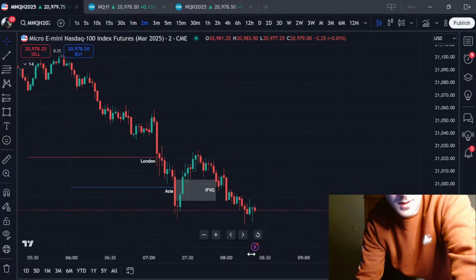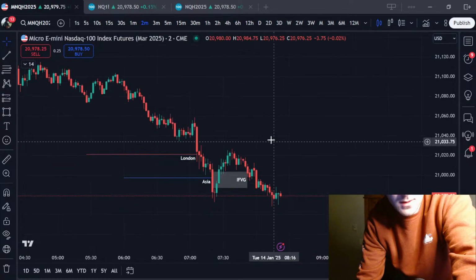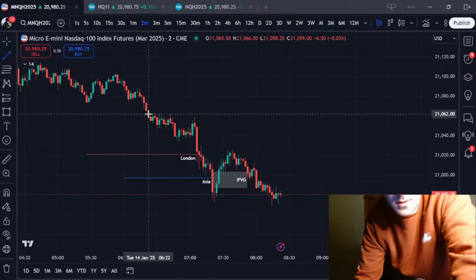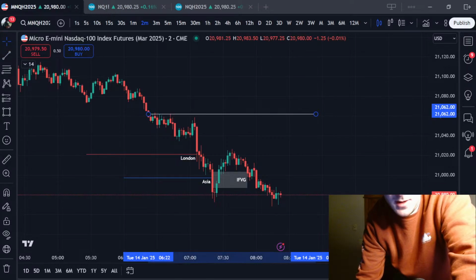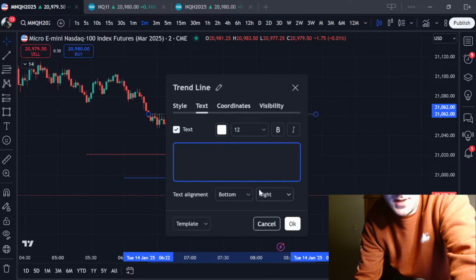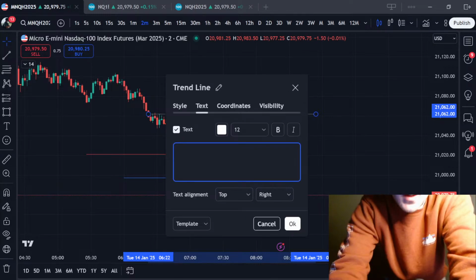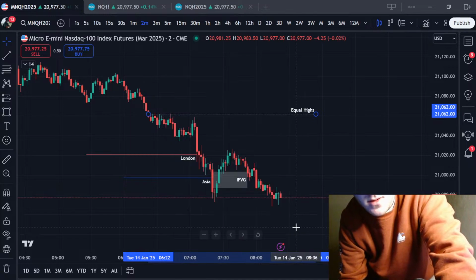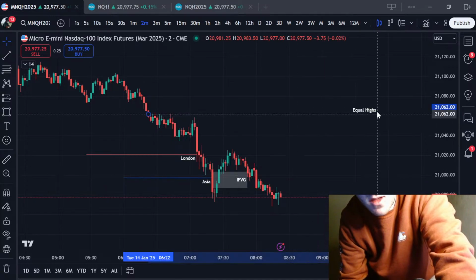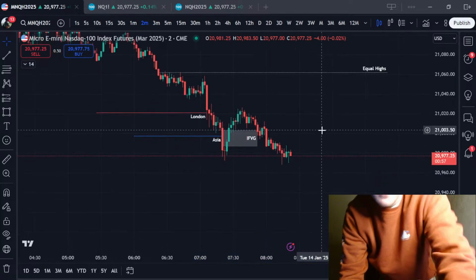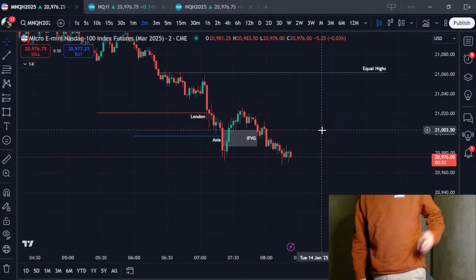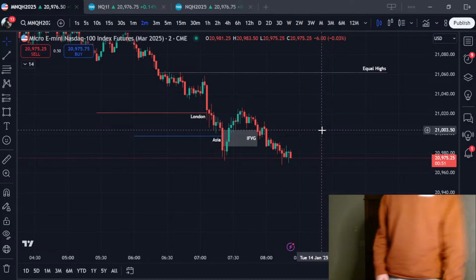We left these equal highs, so I think it makes decent sense for us to come back to those. But I'm just going to wait and see what happens and kind of chill out for a bit.